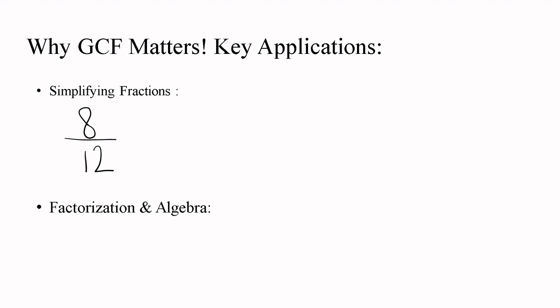When I want to write the simplest form of the fraction, I must divide both numerator and denominator by GCF. You can calculate GCF of 8 and 12 with both of the methods, for example, listing factors or prime factorization method, and you will realize that GCF of 8 and 12 will be 4. So if I divide 8 and 12 by 4, this is going to be 2 and this is going to be 3. So the simplest form will be 2 over 3.